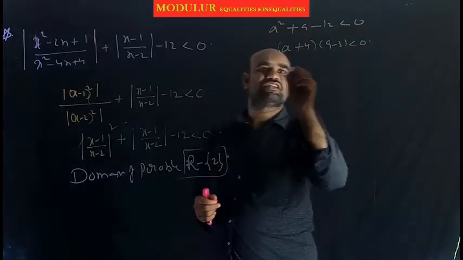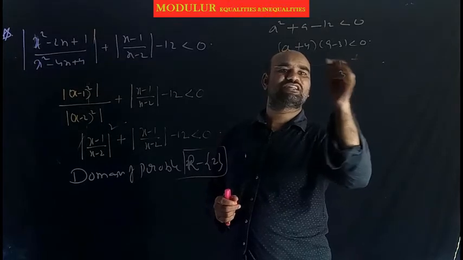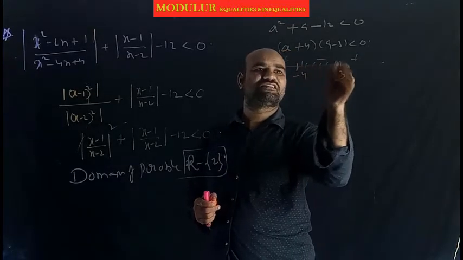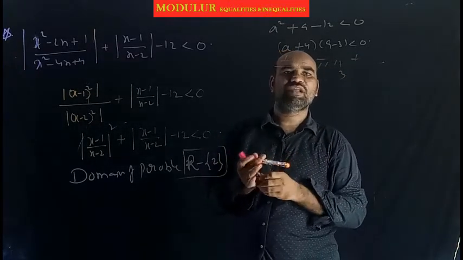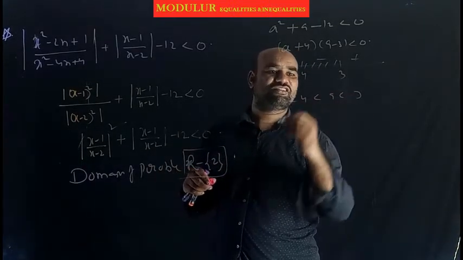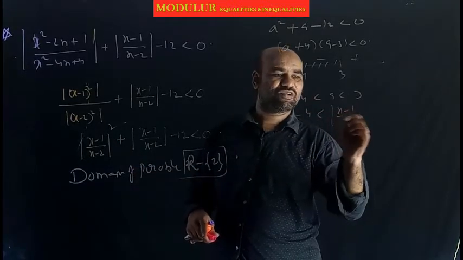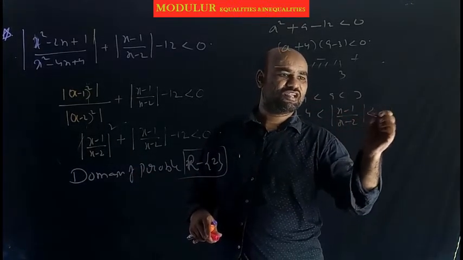Minus 4, 3, plus minus plus. So a should lie between minus 4 and 3. Minus 4 less than a less than 3. Minus 4 less than a means what here? Mod of (x minus 1)/(x minus 2) less than 3.